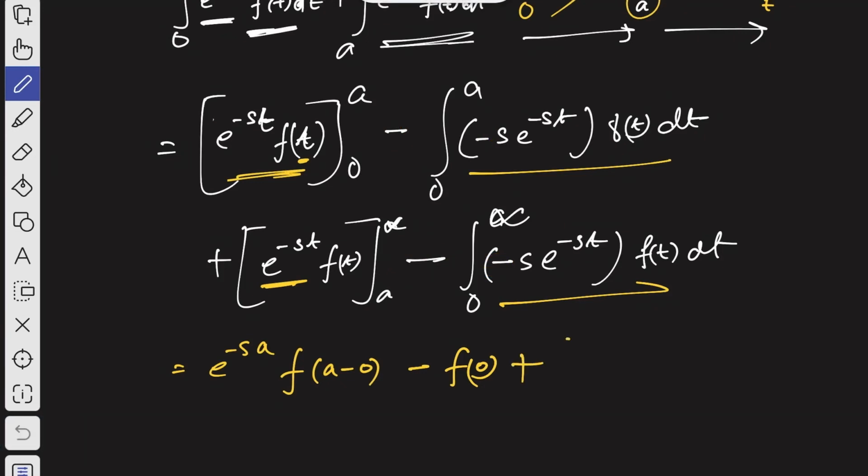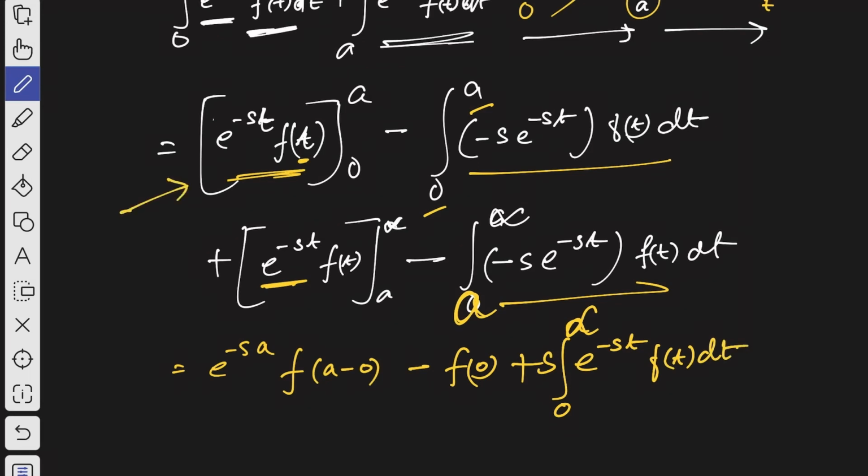So if you recombine these two, then you will get plus, we have 0 to a and a to infinity, so directly you can write 0 to infinity, then you can write the s outside, s e to the power minus st f of t dt. Again, so we have evaluated this. Now let us evaluate this.